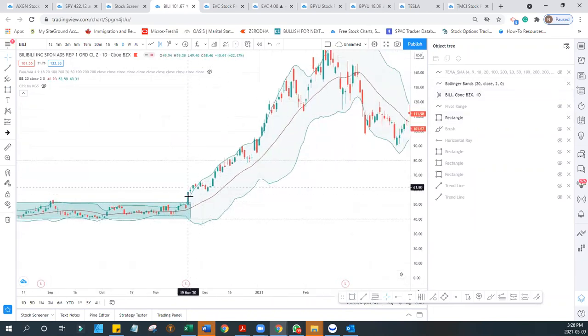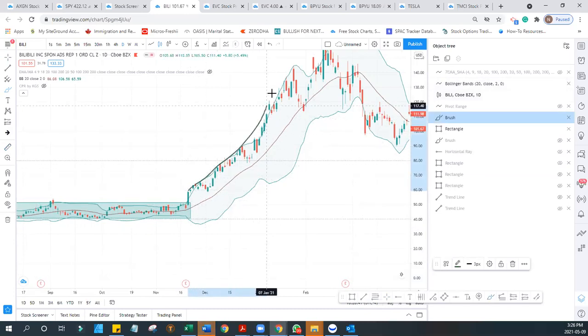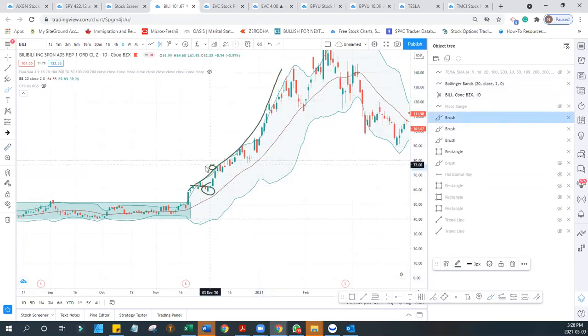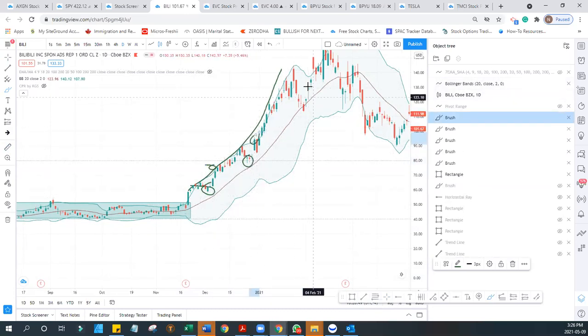At the same time, if you use your Bollinger Band, it will give a pretty good result for a swing trader. If you wait here and, as long as the price is with the BB, you stay with the trend. Either you can get out here and re-enter here, get out here and re-enter here, and you get out here.